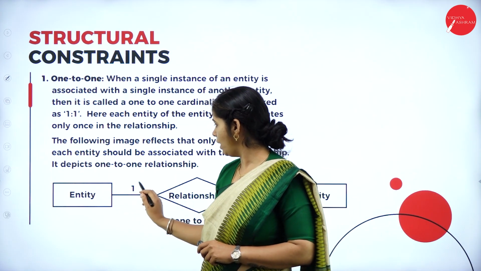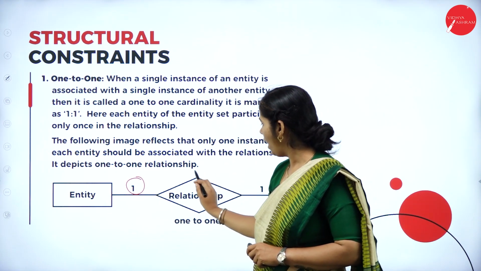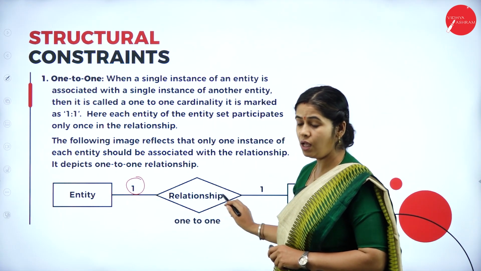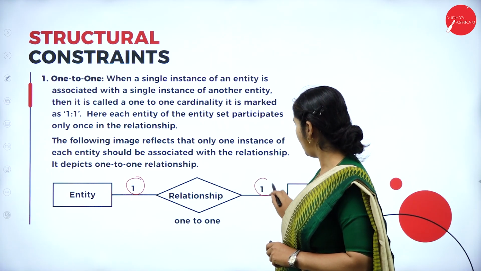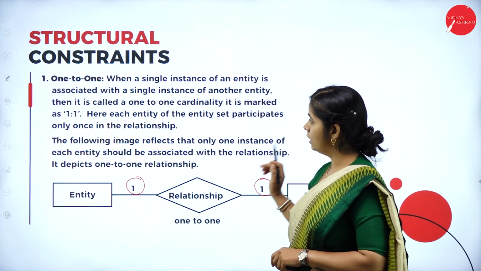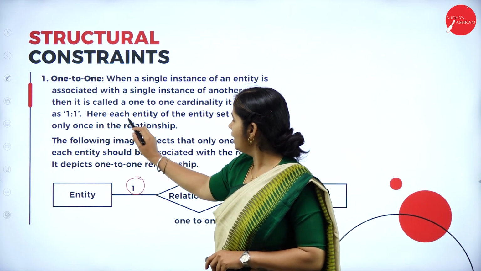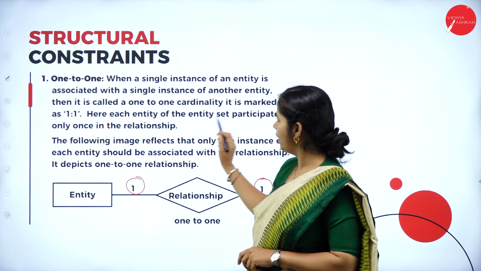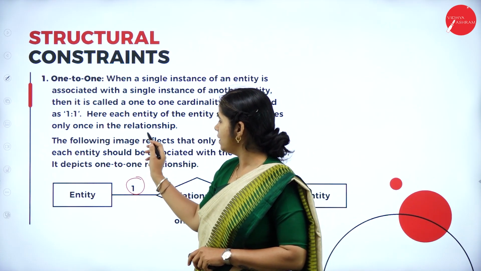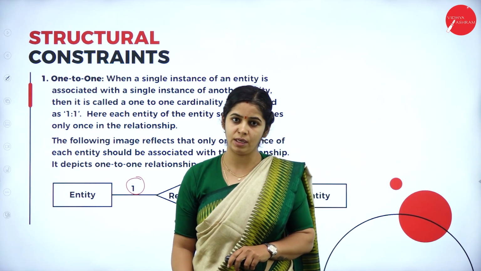This is entity 1, only one instance of that entity has a relationship with one instance of the other entity. Then it is called 1 to 1. Here each entity of the entity set participates only once in the relationship.